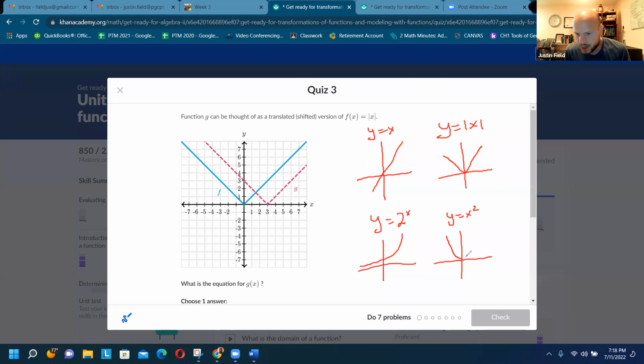Please write all these down as well. y equals log of x, like that. y equals the square root of x.